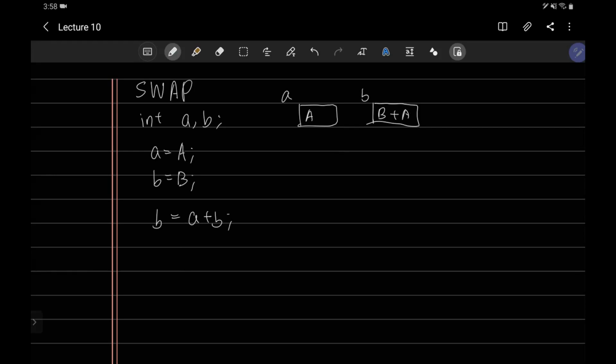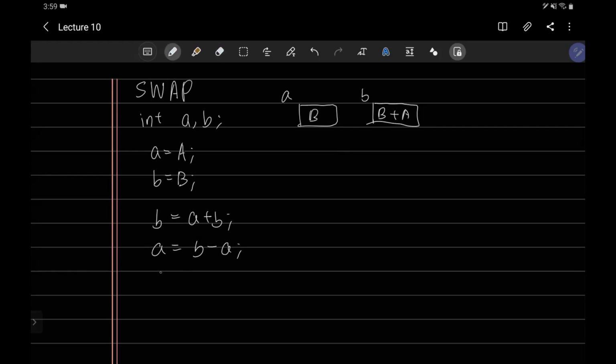And then we calculate the difference between b and a, and store the result into a. In this case, because b is b plus a, if we subtract a, then it will be b. So the value of b will be stored in here.